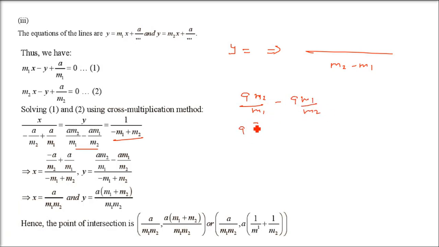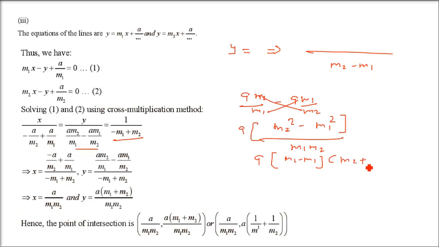So now take a common, you get m2 square minus m1 square by m1 m2. Now this m2 square minus m1 square, again we'll use the formula. It can be written as m2 minus m1 and m2 plus m1 divided by m1 m2.